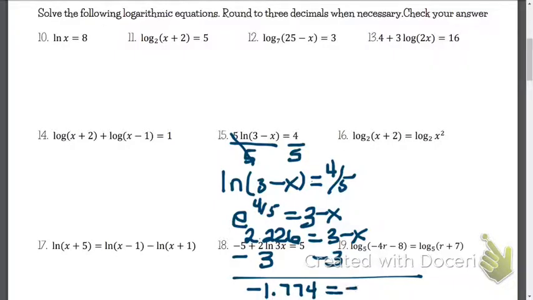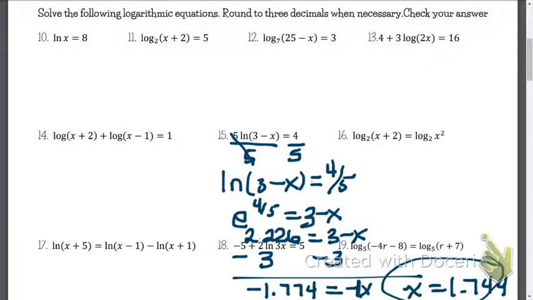If I'm wrong, somebody please correct me. Divide by a negative 1. Why did I divide by negative 1? There's a negative 1 right there. X is equal to 1.774. If it's something different with the decimal, please let me know. I did it in my head. That's how you would do number 15.